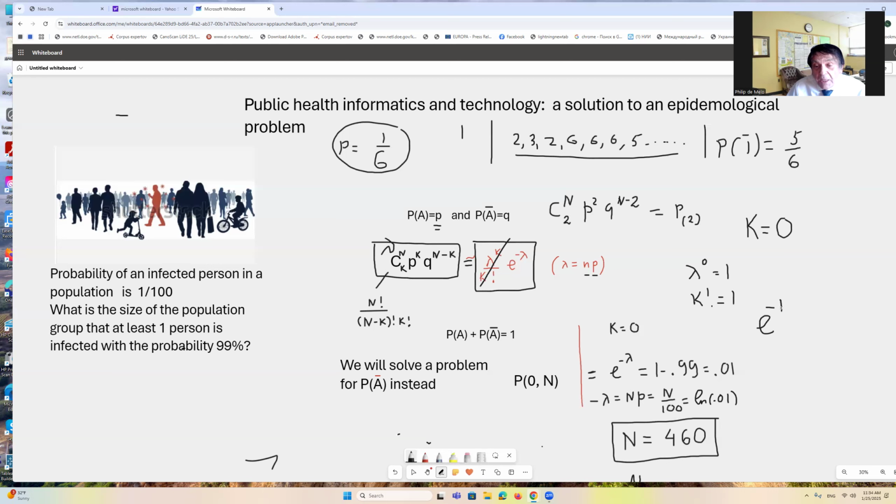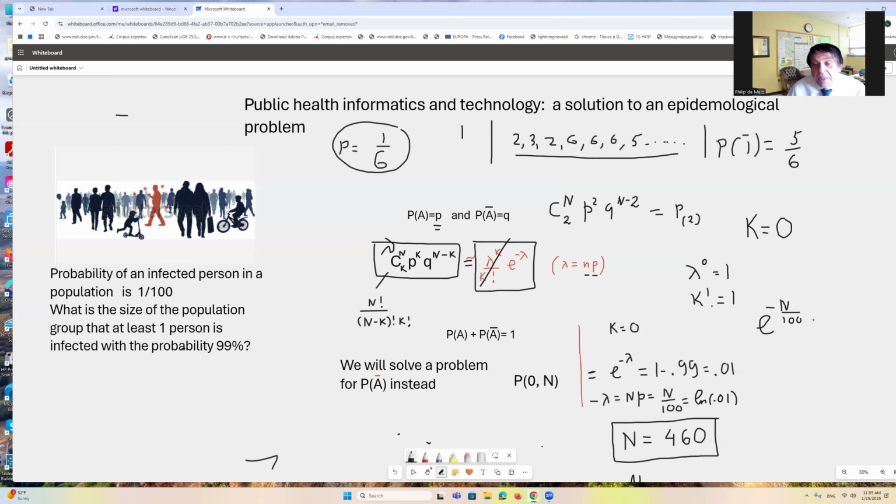We do not know n, but p we know, it is 1 over 100. The theoretical probability said that the average probability to have this situation, flu, in society is 1 over 100.